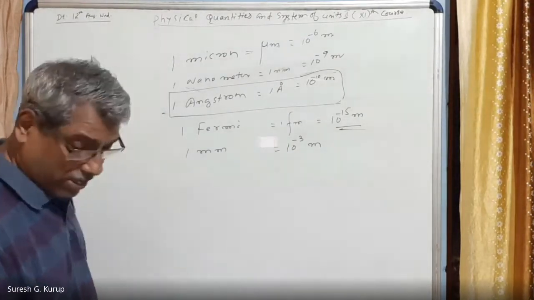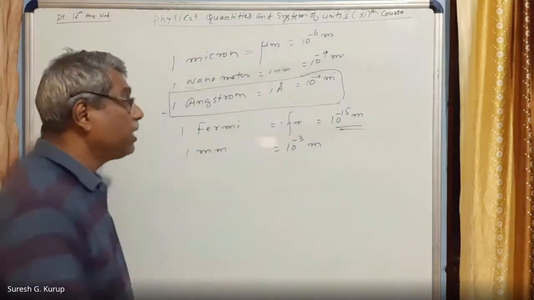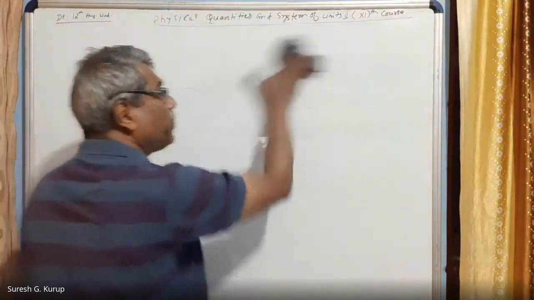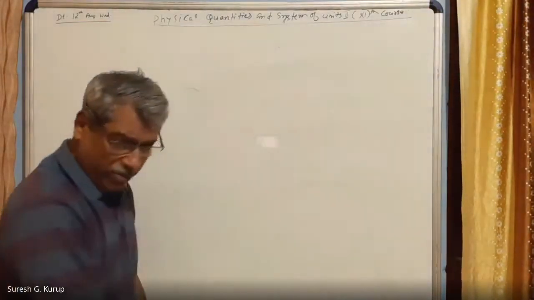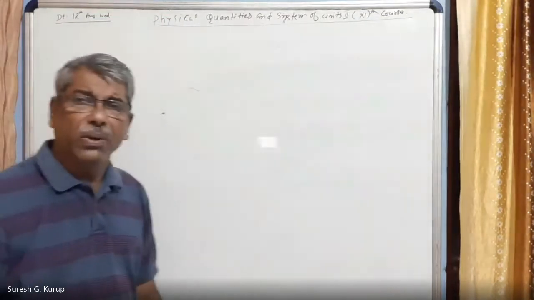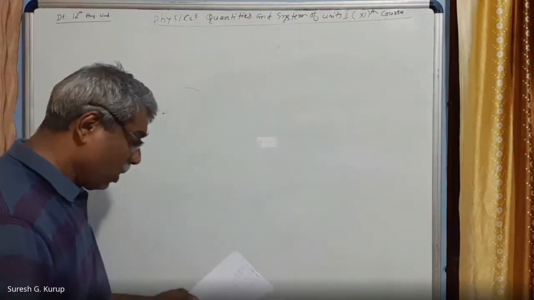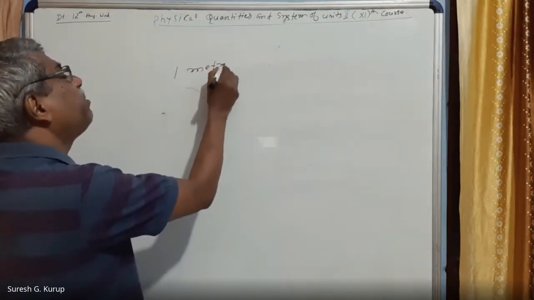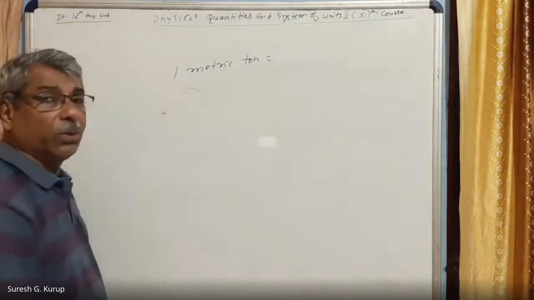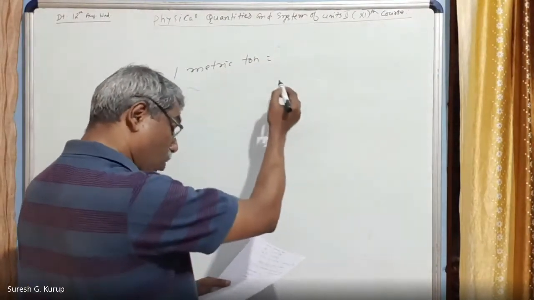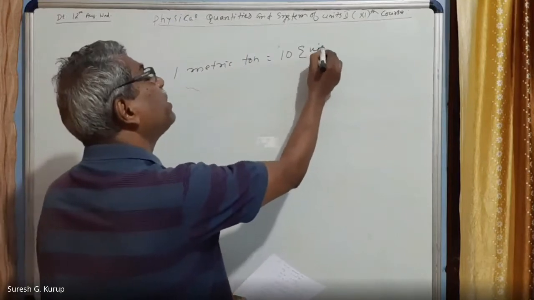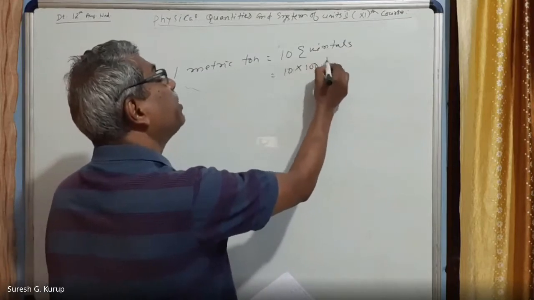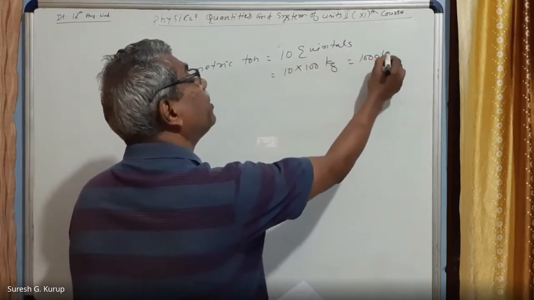Now, units of mass. Units of mass also I shall discuss. So this lesson we are finishing today. Not a very important lesson, but I am only giving you information. You have to remember all these things, right? 1 metric ton is equal to 10 quintals, that is 10 into 100 kg, which is equal to 1000 kg.